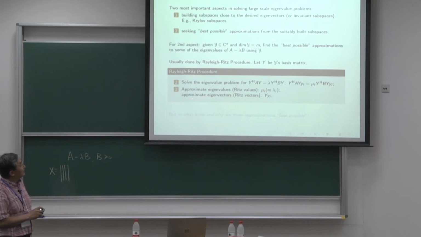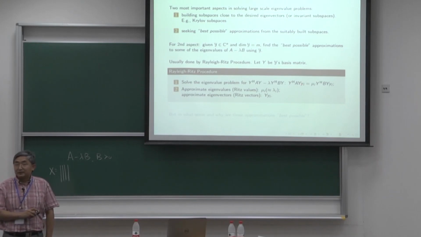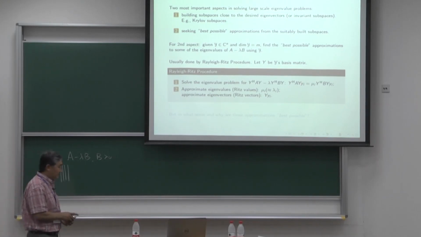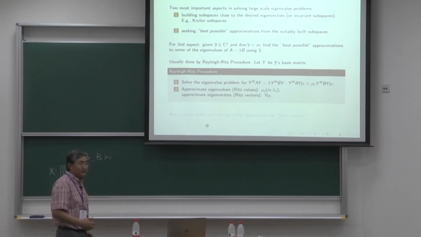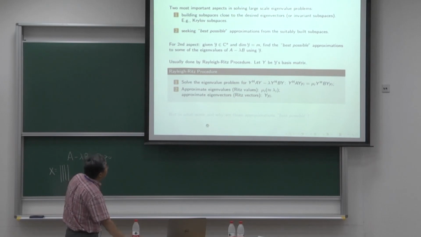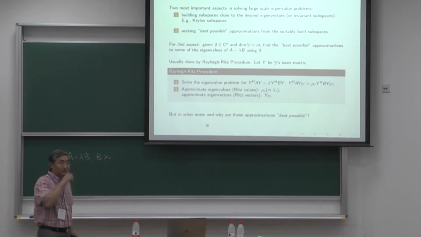Then the approximate eigenvectors, which we call Ritz vectors, are the basis Y times each eigenvector of the projected matrix, the so-called Rayleigh-Ritz. Then you may ask, why is it possible, in what sense is it possible?